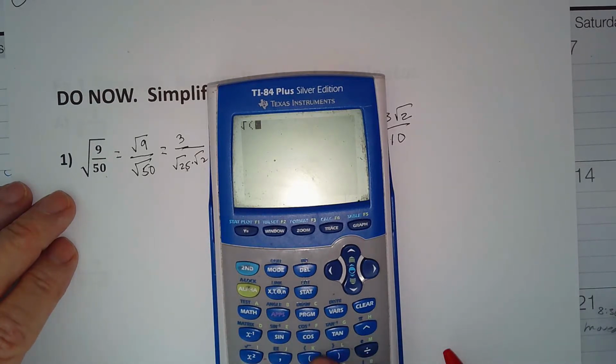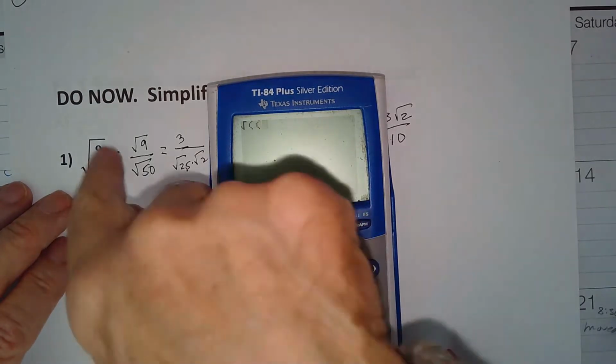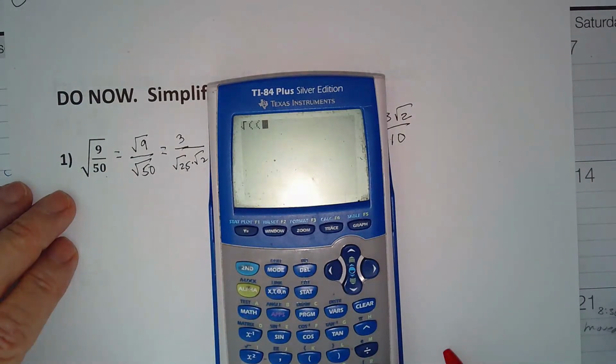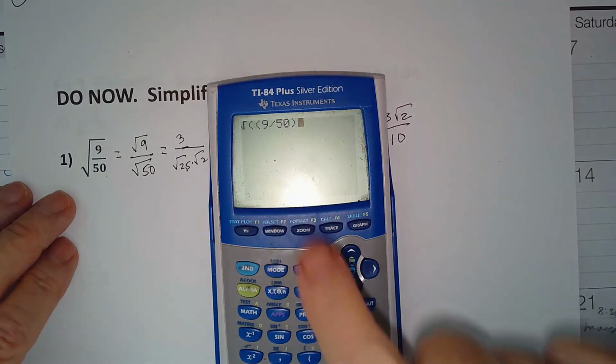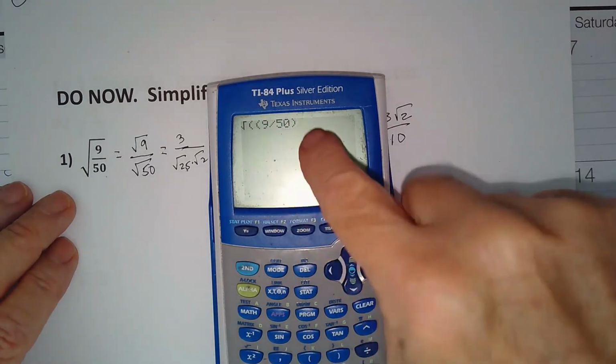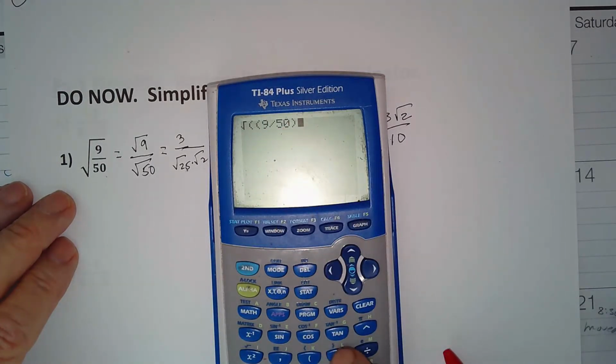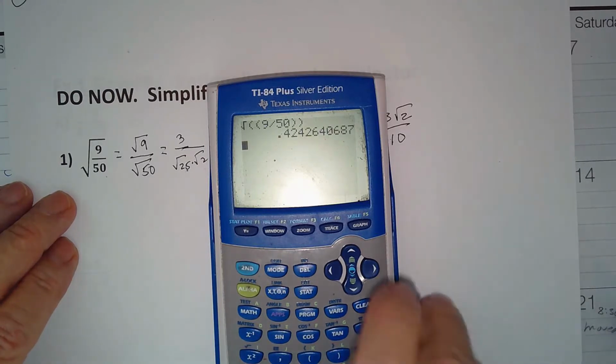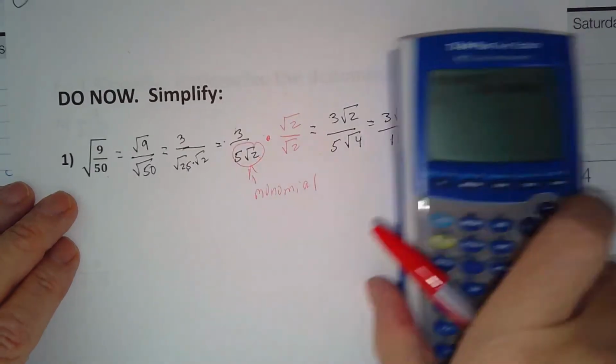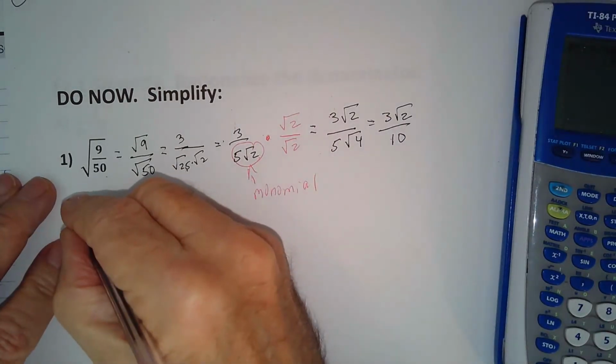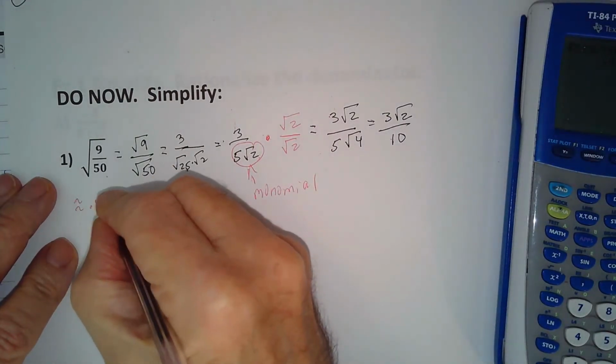Then I put in parentheses, this fraction, which is really 9 divided by 50, and then close the parentheses. The whole thing is inside the parentheses for the radical sign, so I'll close the second parentheses. I'll hit enter, and I get approximately 0.42.